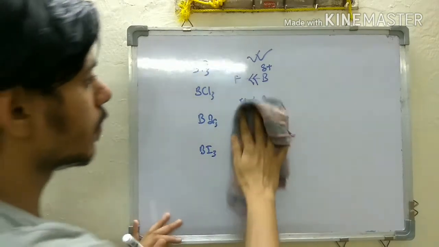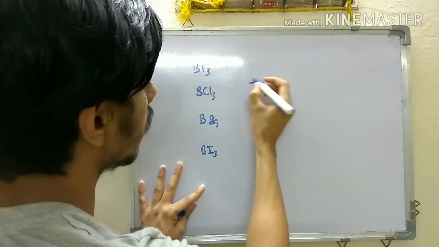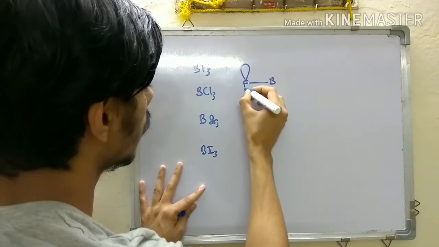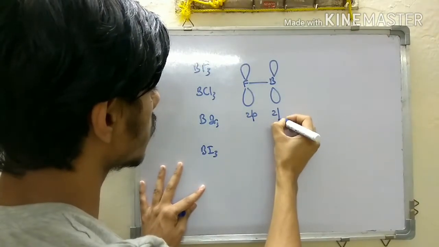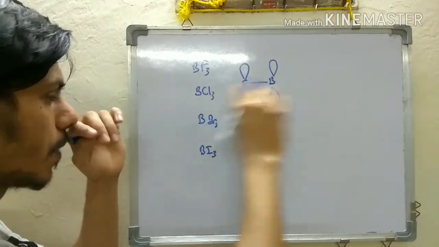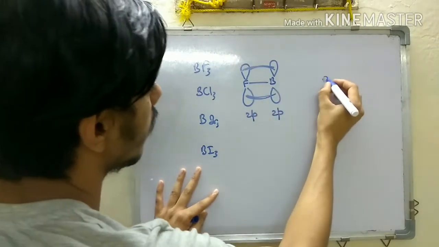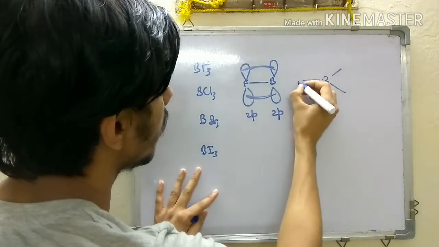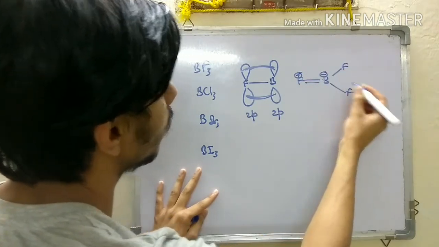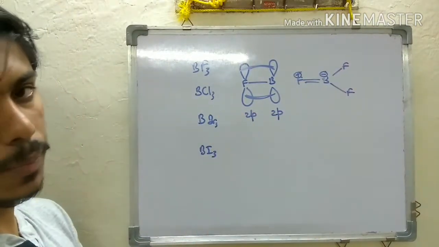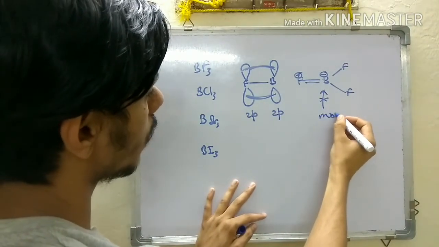Why is that? Because in the case of BF3, the orbitals used in pi bonding, which decreases the acidity, are 2p and 2p, because they are both from the same period, and that's why the orbital overlap is very strong. Strong orbital overlap means the boron will be highly negatively polarized, and that's why it will not appreciate the approach of any base.